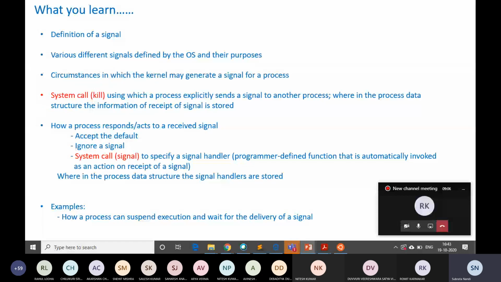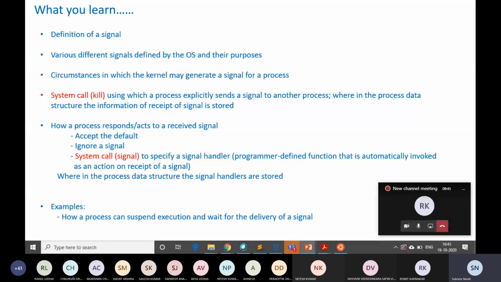The idea is, as in real life, we need to communicate with each other, and on many occasions we do it by sending different kinds of signals. Depending on a particular event, when the receiver receives the signal, the receiver knows what it is supposed to do, and accordingly the action is taken.